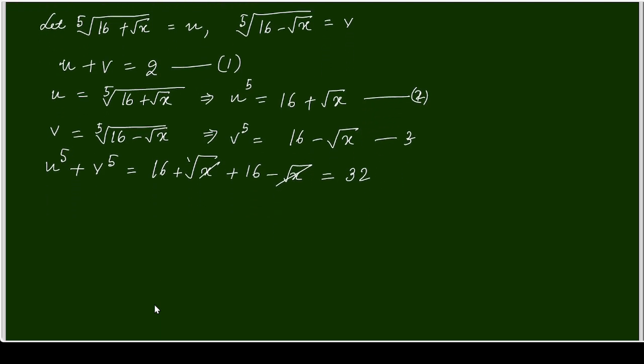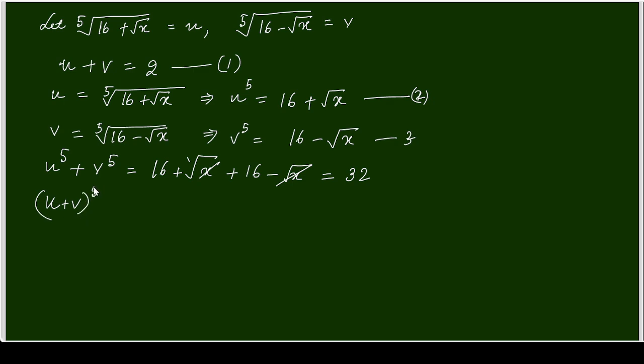So you can assume some u and v and frame the equation, but I am not going that way. I am directly going for (u plus v) to the power 5.